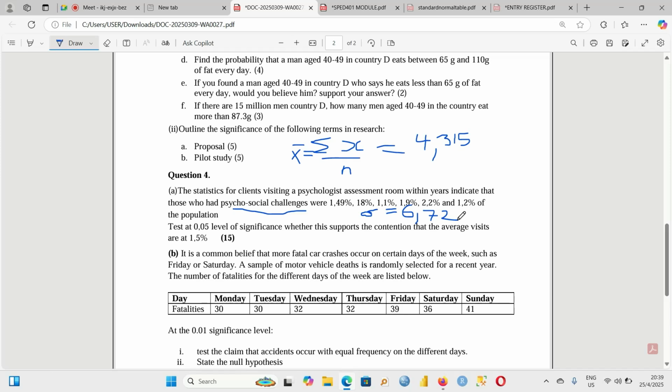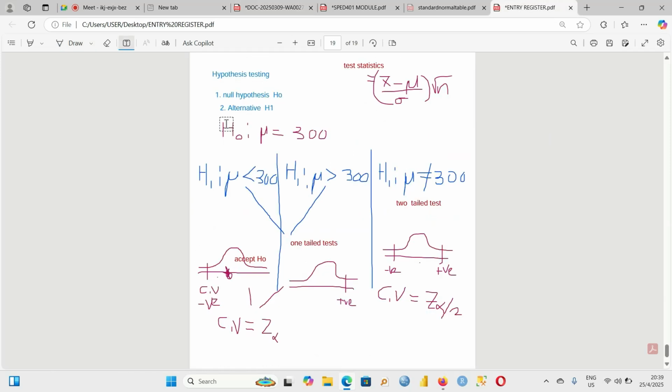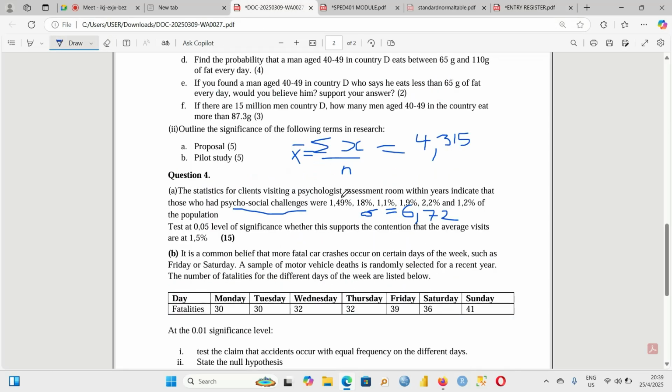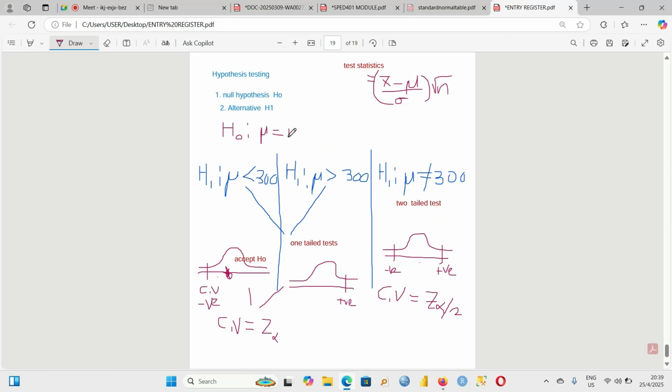Now we are doing the test. Test at 5% level of significance whether this supports the claim that the average visits are 1.5. Our H naught is to test whether the visits are 1.5, so our mu is 1.5.